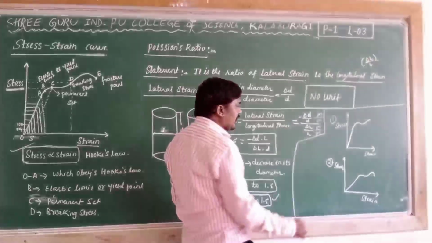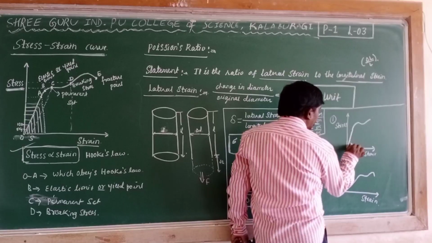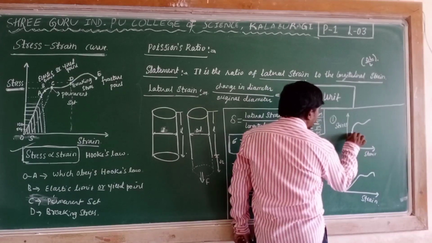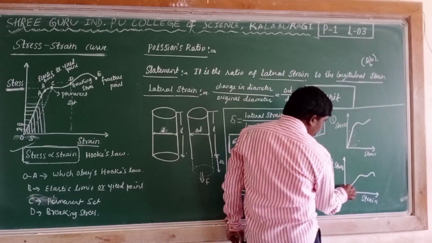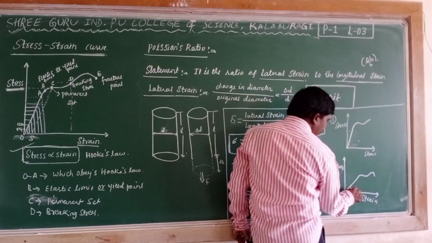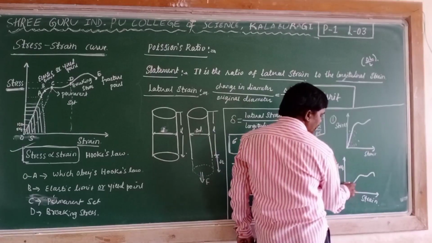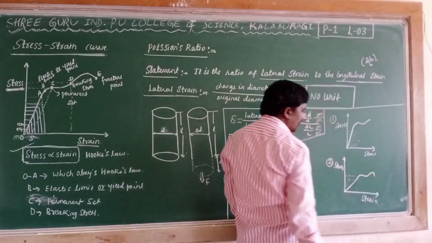More elastic means it obeys Hooke's law up to particular regions. Up to particular regions, the stress is directly proportional to strain. But here, this is also linearly increasing, but at this particular region there is a sudden increase of stress and a sudden increase of strain. Again, sudden increase of stress, sudden increase of strain.